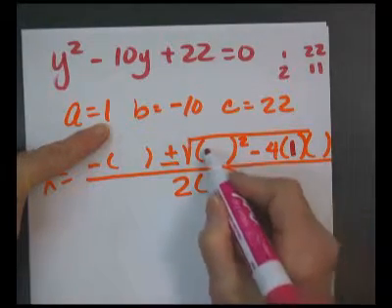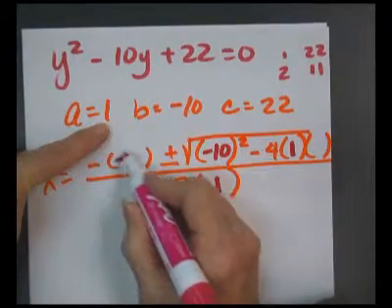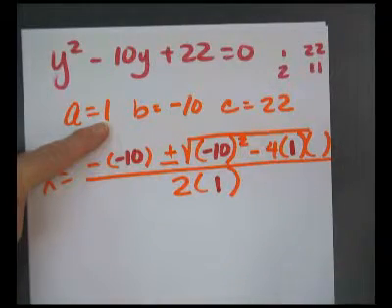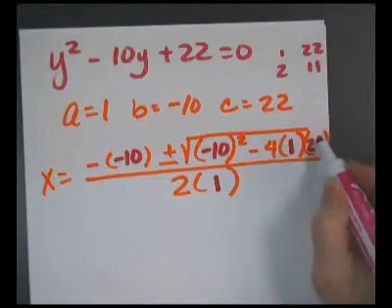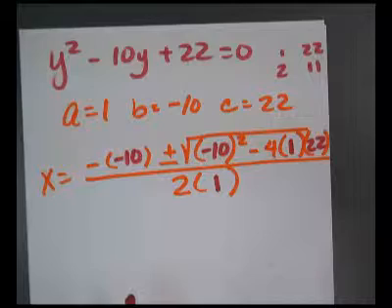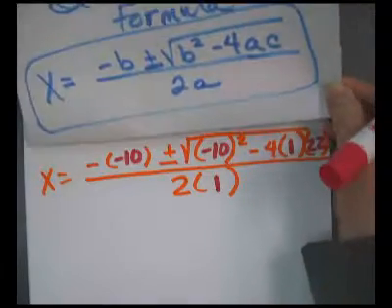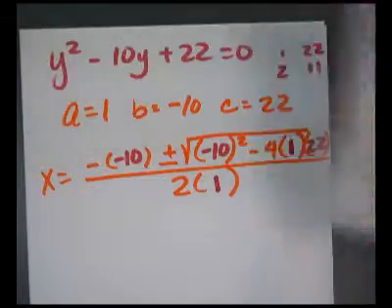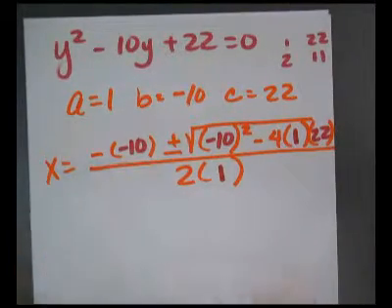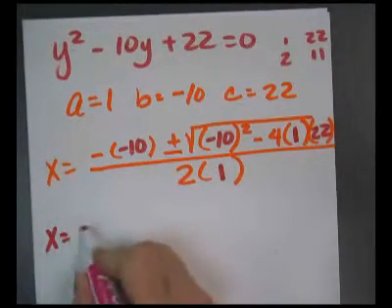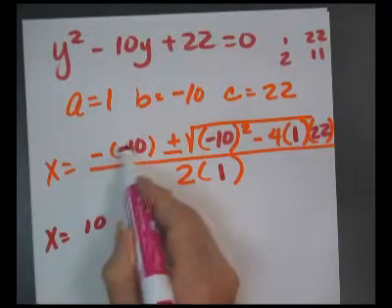B is negative 10. And C is 22. Where did the 4 come from? It's part of our quadratic formula. Oh, that's right, okay. Minus negative 10 is just 10, right? 2 negatives is a positive.